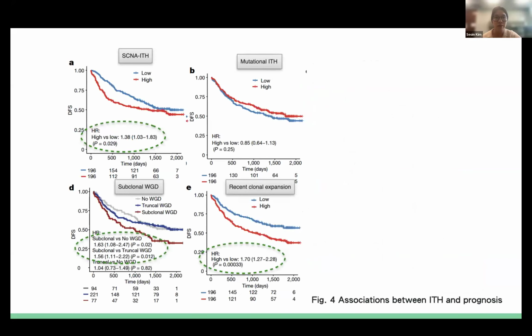As you can see from the top left figure, the SCNA had a statistically significant association with DFS, disease-free survival, as well as the subclonal whole genome doubling. And interestingly, the truncal whole genome doubling had no association. So you have this special subclonal whole genome doubling you can use as a prognostic factor, and the recent clonal expansion is shown in the far down right.